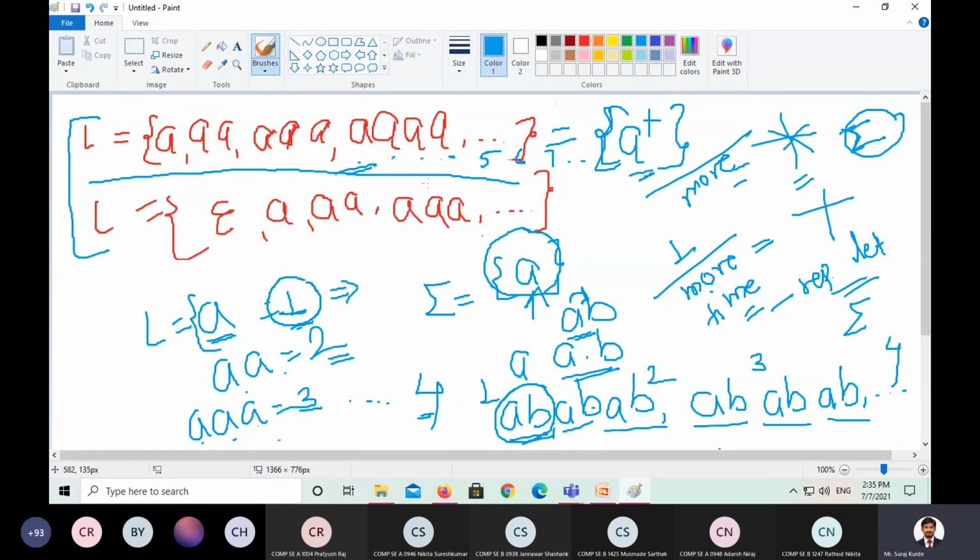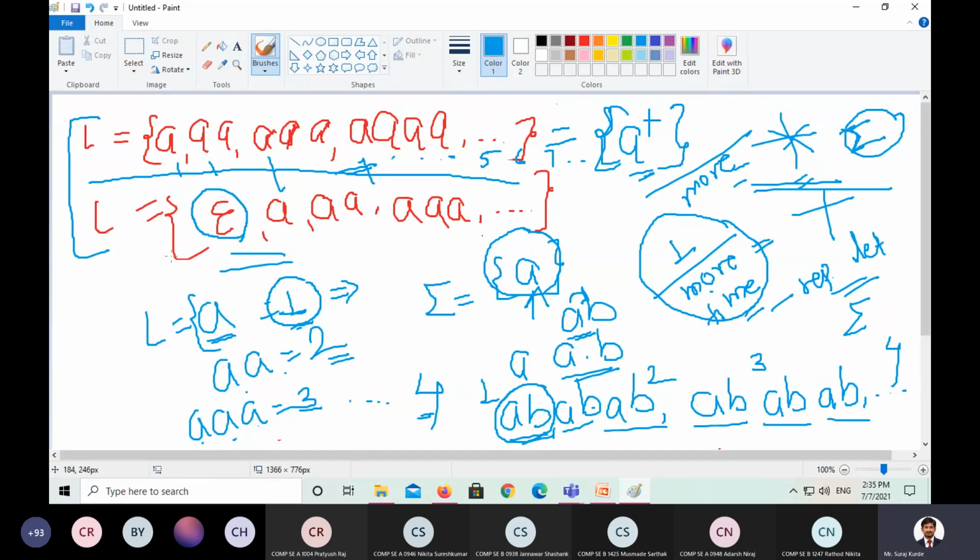Now what is this A plus? A is repeated one time, two times, three times, four times, and so on. So one or more times. This is plus. Now the second language. We'll first understand the difference between these two, plus and star. Now in the second language, there is a string epsilon.